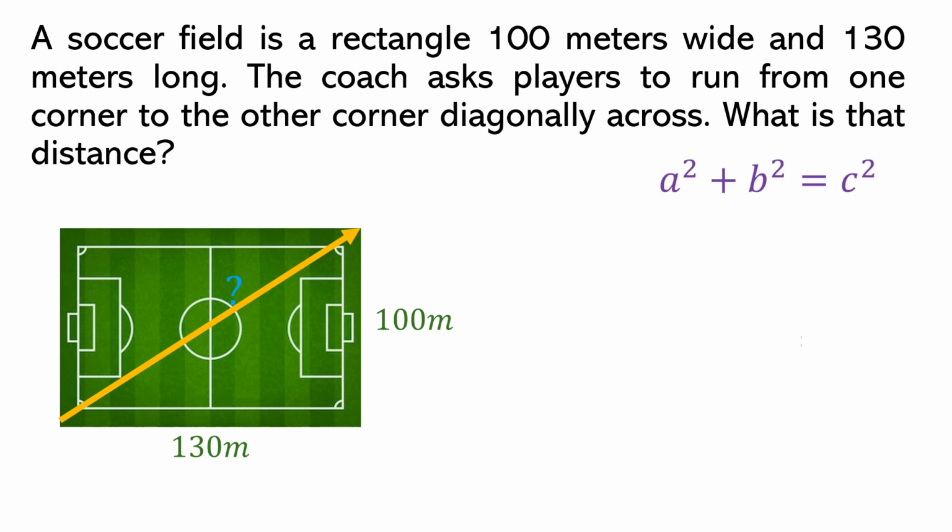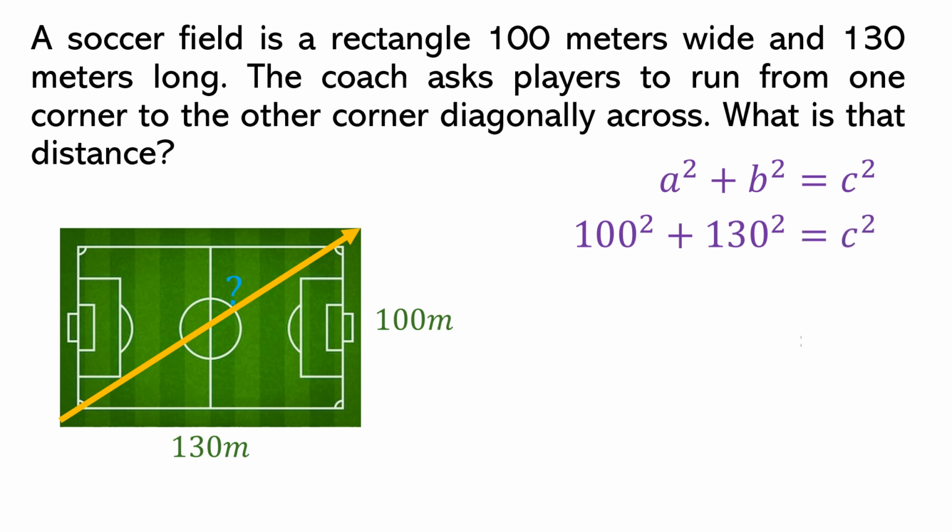So let's use the Pythagorean theorem, where it's saying that the sum of the squares of the two shorter sides is equal to the square of the longer side. So let's put both shorter sides, 100 squared and 130 squared. And the hypotenuse, as I said, is the longest side of the right triangle.